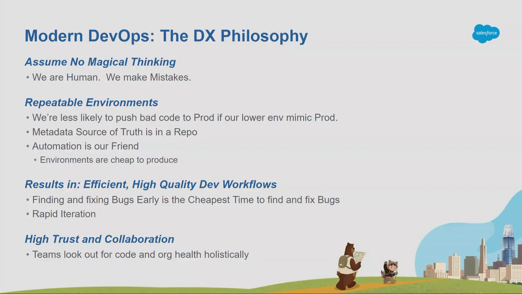And finding bugs, finding conflicts really early in the process is the cheapest possible way you could find bugs. I joke with my devs that they could find conflicts even before they start writing metadata, right? They could find conflicts by talking to the business stakeholders, talking to their product owners, and digging into the requirements, right? The earlier you're able to push a focus on quality, the cheaper it is.